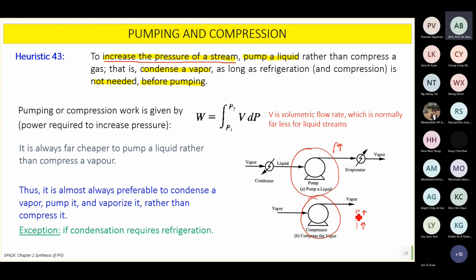If you compress, pressure changes and temperature changes. Then at the outlet, in the piping design itself, you need to consider a specific type of pipe that can sustain this high pressure and high temperature. Get the idea why we need to use a pump instead of a compressor.